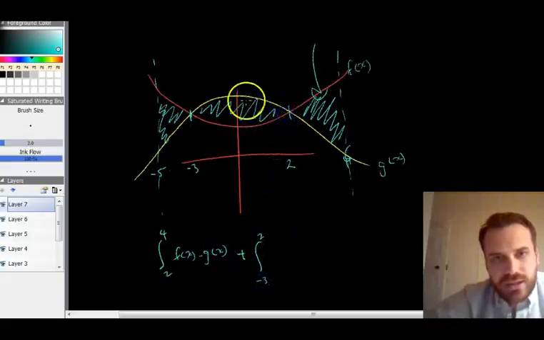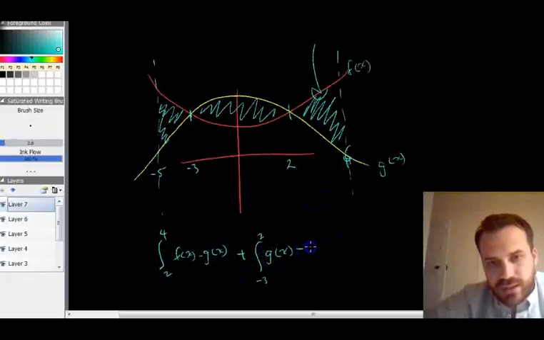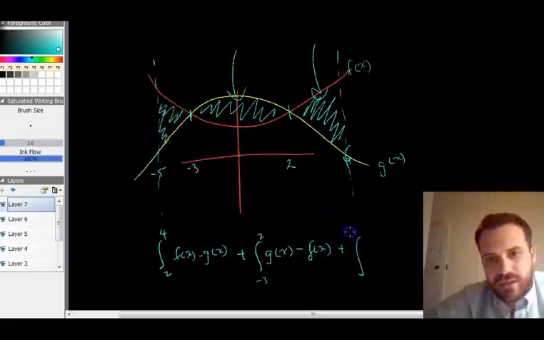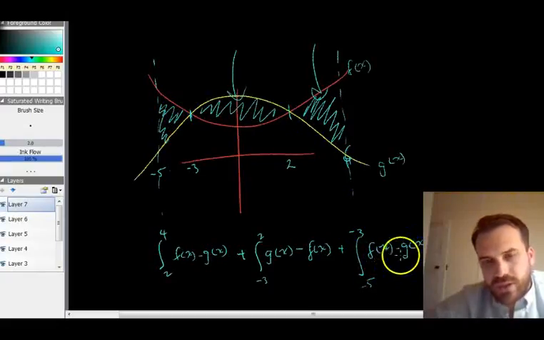But you'll notice that in this part, the yellow function's on top. That's g of x. So this part's going to be g of x minus f of x. That finds that area there. And then a third bit between here and here, -3 to -5. And we've returned to the red function being on top, so you'd have to do f of x minus g of x.